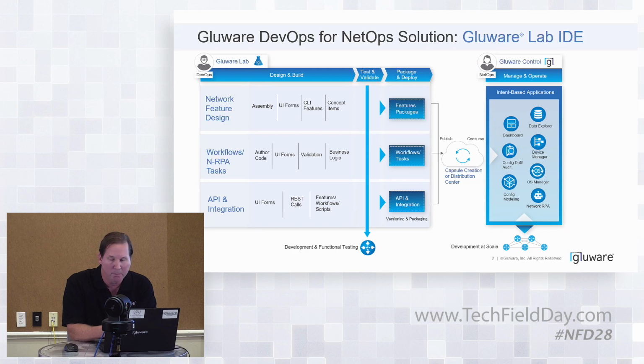A key component just enabled recently, ahead of our launch of Network RPA, is the ability to build those custom tasks. So if you want something that's not in the system and your organization has the capacity for low code, I got trained up in about an hour, and you'll see me run the demo. I think with literally a couple hours of training, even your average network engineer could be fairly dangerous with Gluware Lab.